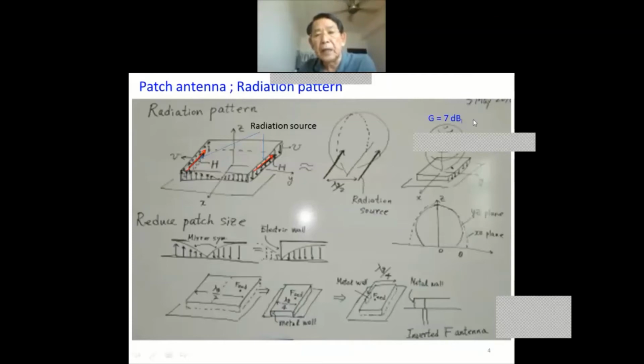So I explained a moderate gain. This gain is larger than the dipole. A little bit higher gain is necessary for the smartphone. This can be used as a receiving antenna.